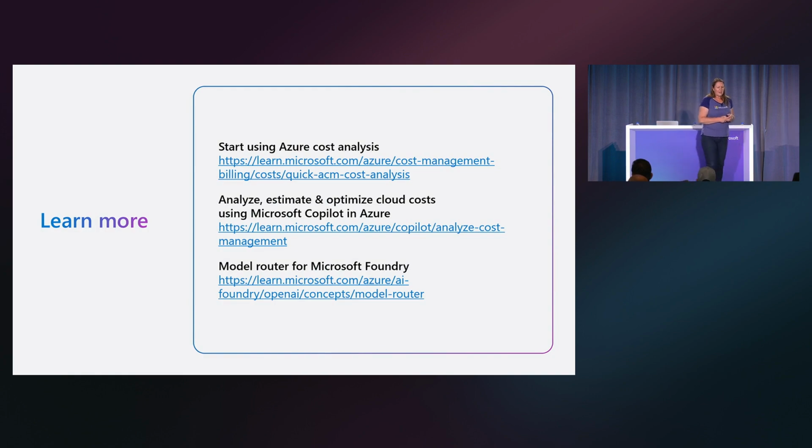So that's a good section on cost analysis and estimation, and there is a link there to the new information about model router in Microsoft Foundry. That documentation is still changing over, so just be aware that if you're looking for stuff about Foundry, and even when I was looking for model router, some of our docs will have a warning label on them to say this relates to Microsoft Foundry Classic.